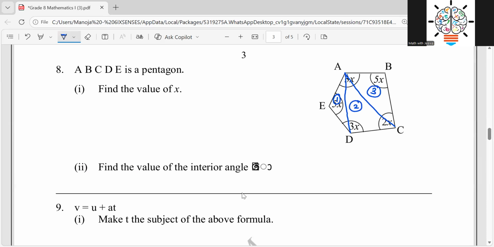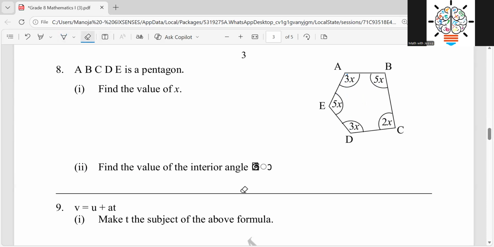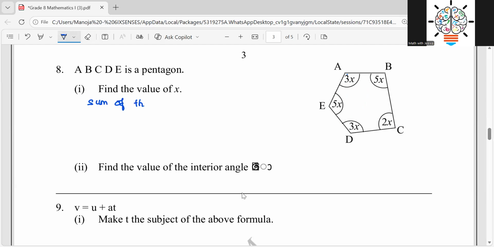The interior angles of one triangle add up to 180. And if you have 3 such triangles, you want to multiply 180 by 3, right? So first you want to write it like this: the sum of the interior angles. The pentagon means n is equal to 5.